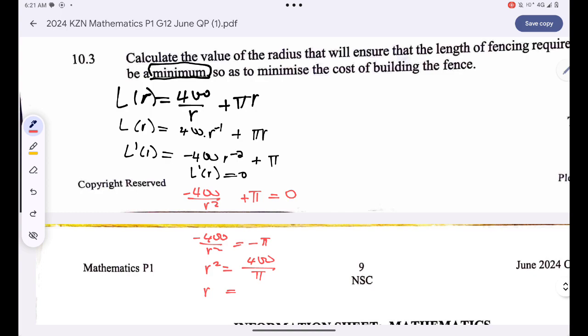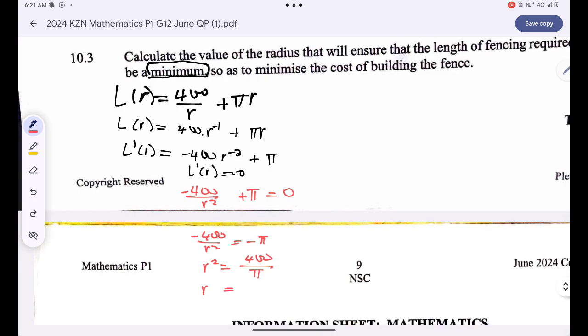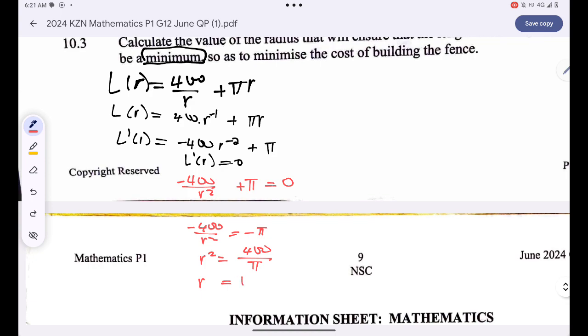It's written times 10 to the power x. After pressing shift, just press that button. You will see pi will appear there. Then press equal to, your radius will just be 11.28 meters. This will be our minimum radius.